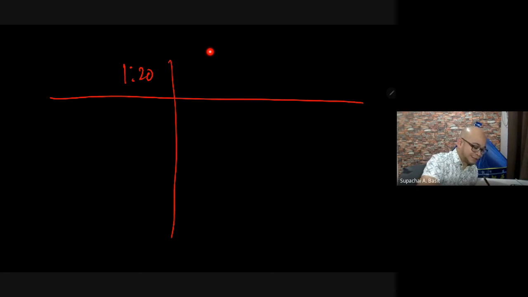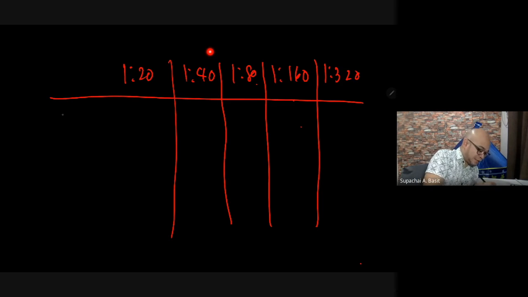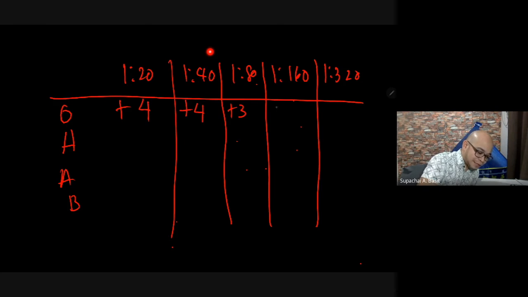My apologies. 1:40, and 1:80, 1:160, and then 1:320. So again, we have four antigens. Here you have +4, +4, +3, +2, and +1. Here you have +2, +1. For example, this is the reaction of the patient. +1, negative, negative, negative, negative.